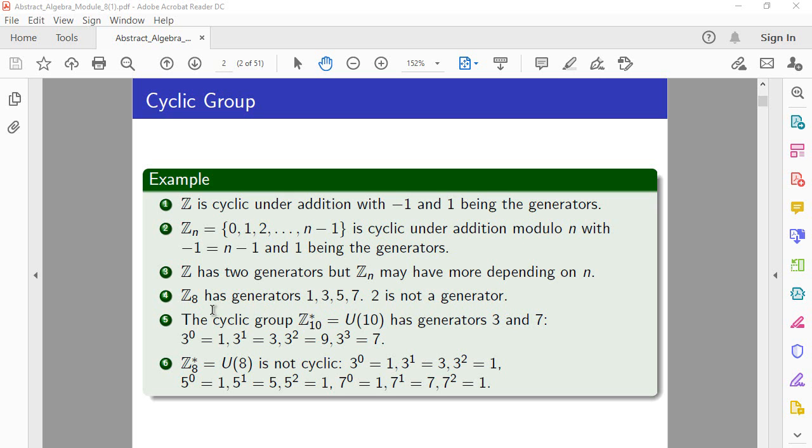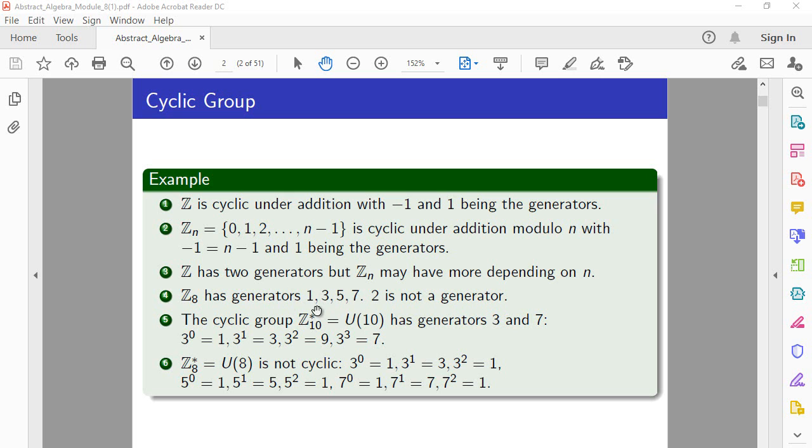Every element of Z8 can be expressed as a multiple of 3. And just as well, every element of Z8 can be expressed as a multiple of 5 and 7. So these four numbers are all generators of Z8. Now, obviously, 7 is -1 here, and 5 is -3 here. So anytime you have a generator, its inverse is also a generator.